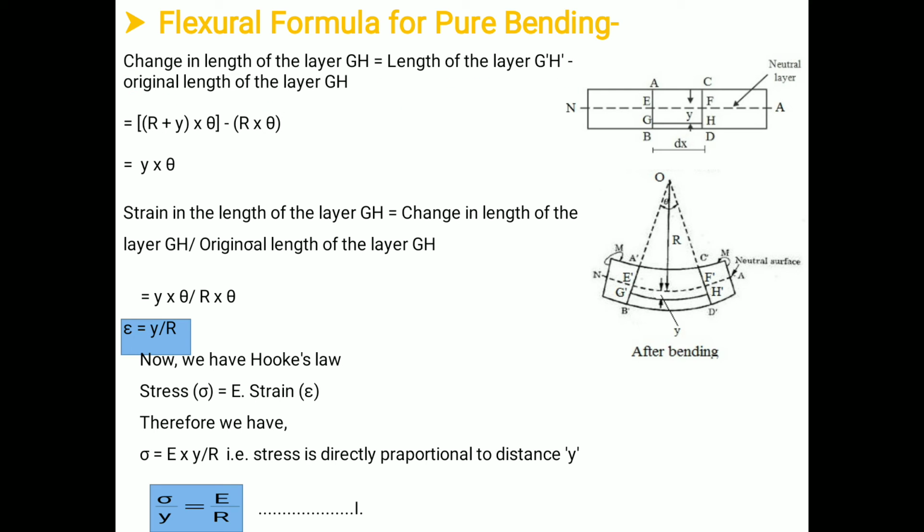Once you know the change in length of layer GH, we can easily find the strain in layer GH. Therefore, the strain in layer GH is equal to the change in length of layer GH upon the original length of layer GH. As we have calculated the change in length, we have Y theta upon R theta.